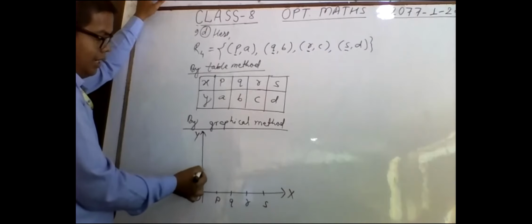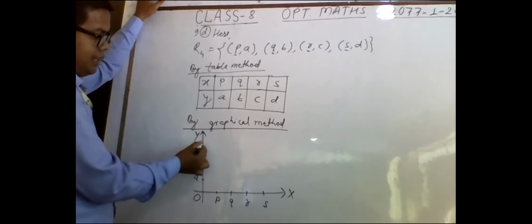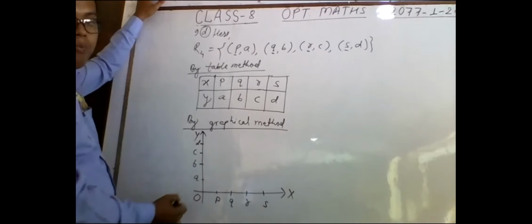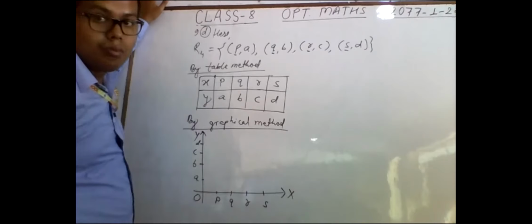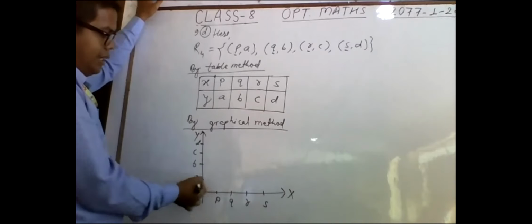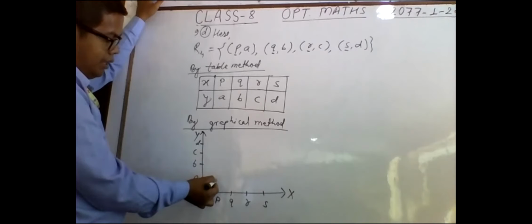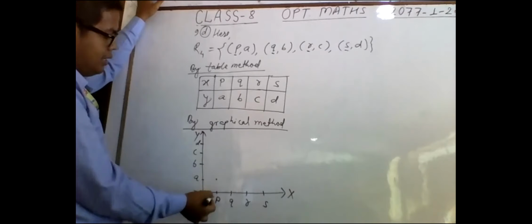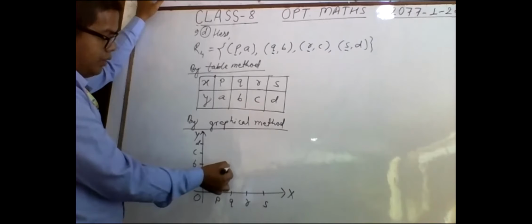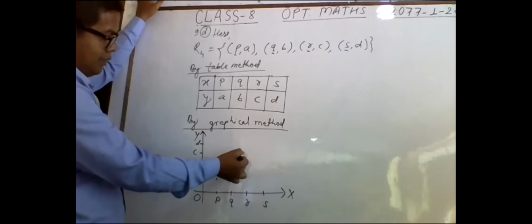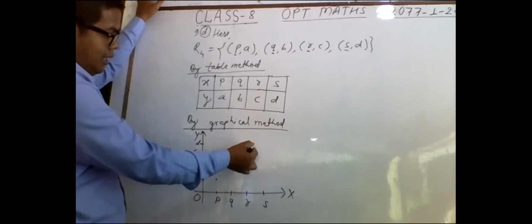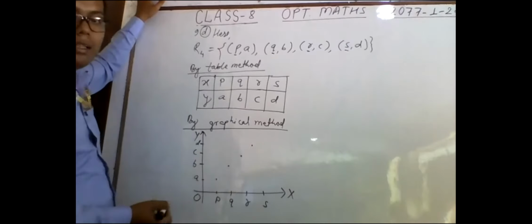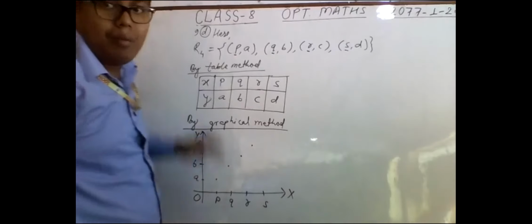The first A, then B, then C, and then D. Now, the first one is given PA, we put here PA. Second, QB, here we put the cubic. RC, we put here R and C. S and D, and here we put S and D. Like this. This is the graphical method.